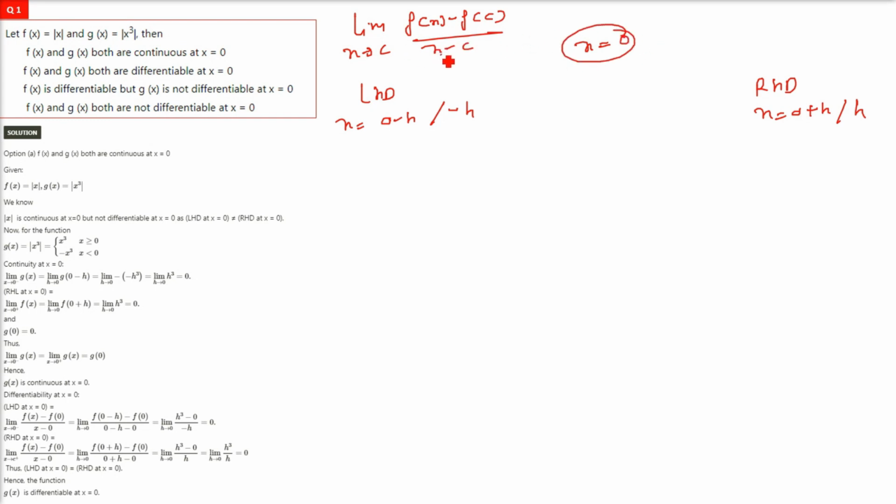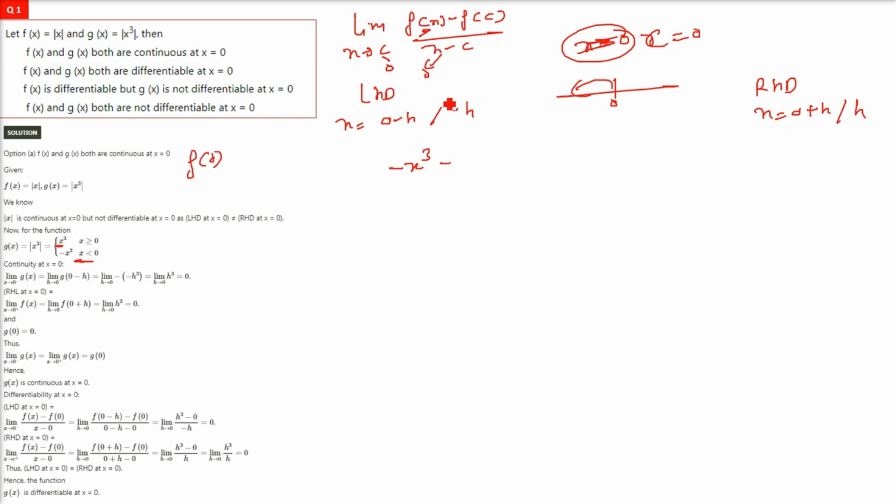Here c equals 0, so wherever we have c, replace it by 0. Now we have to go to left hand derivative and right hand derivative, and use the function accordingly. If you are below 0, you have to use negative x cube, this one. And if you are above 0, you have to use x cube. Okay.